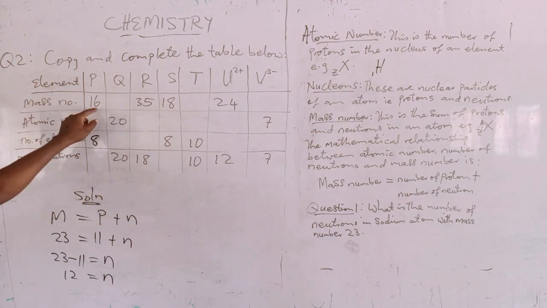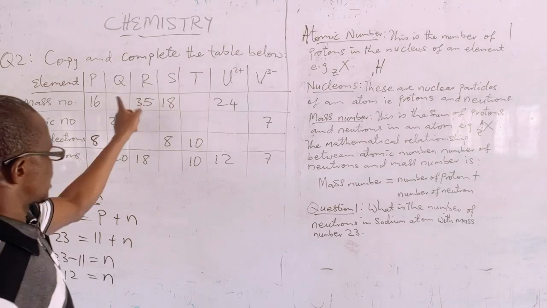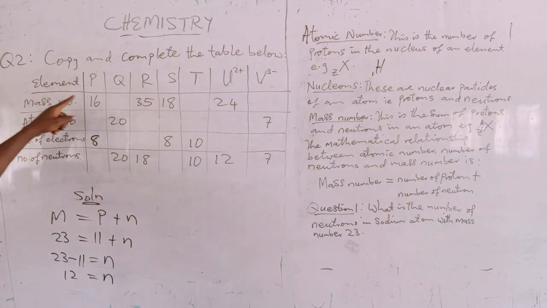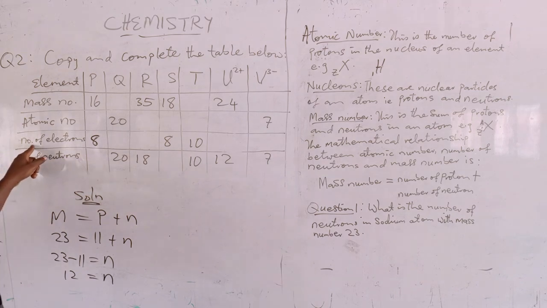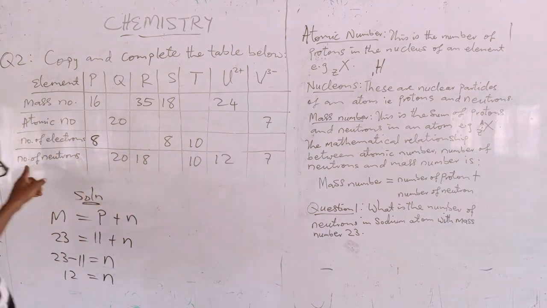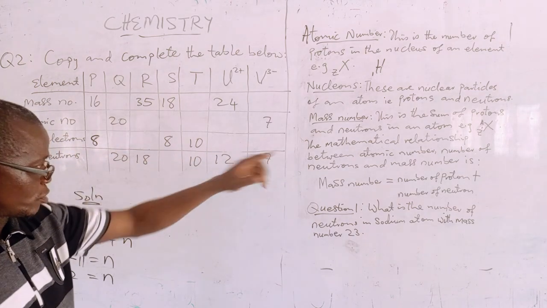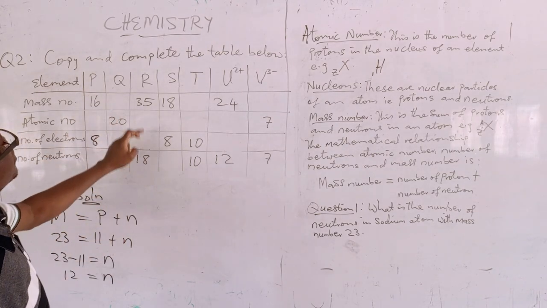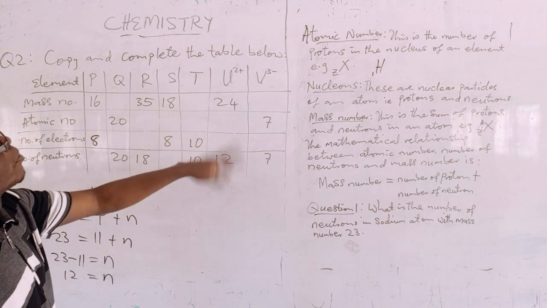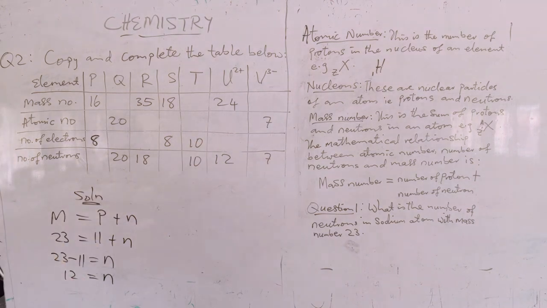For P, the mass is this. The masses of all these elements are here. The atomic numbers of these elements are here. The numbers of electrons are here. Their neutrons are here. They said copy and fill in this gap. Fill them up. So how do we go about that?